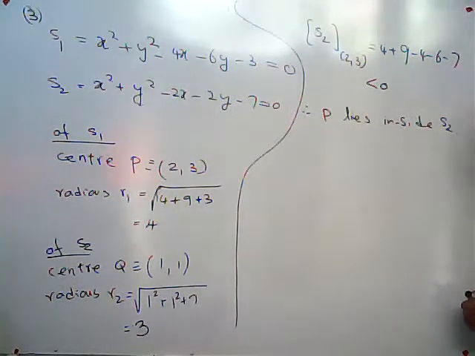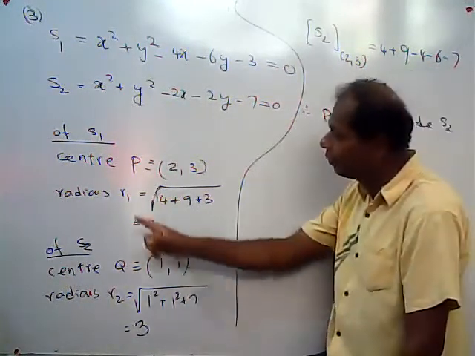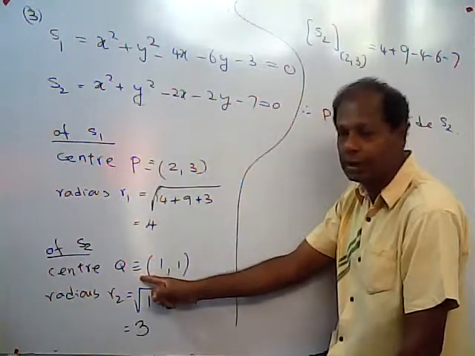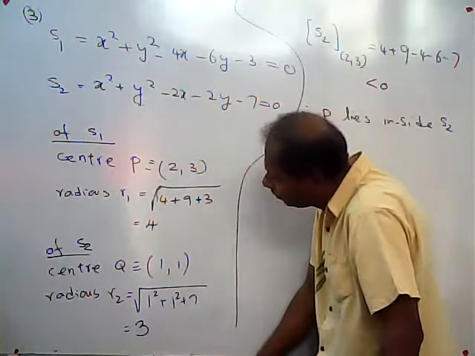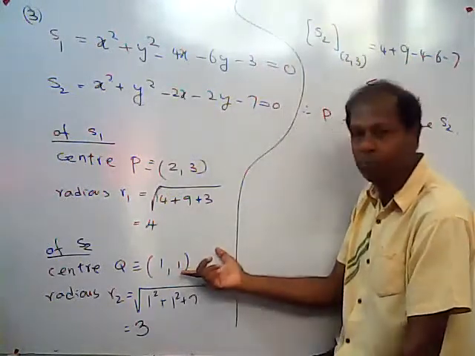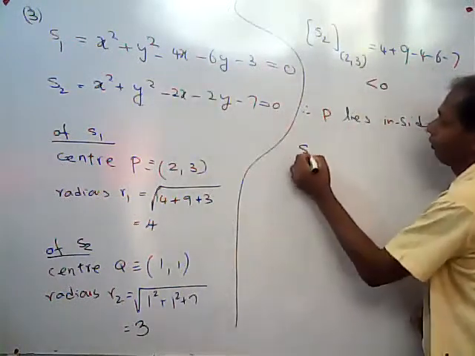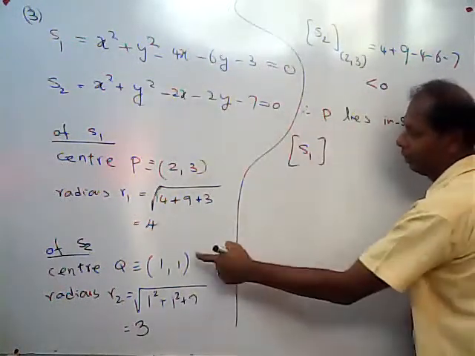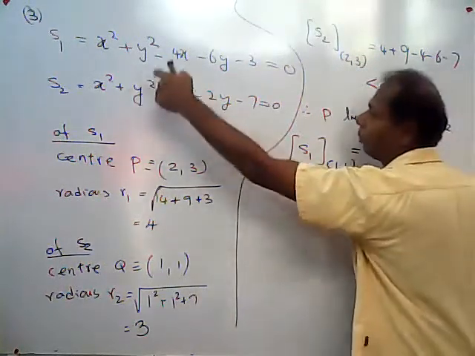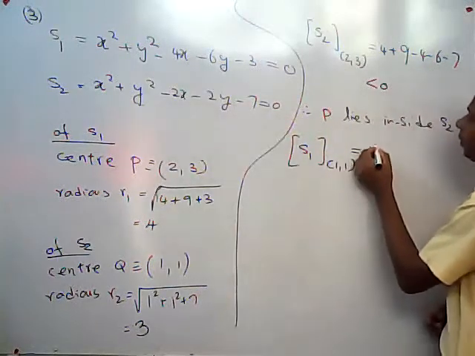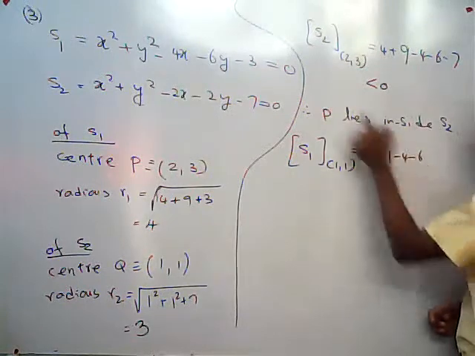Then similarly, we have to show that the center of S2, that is Q, is inside S1. The same way, we will apply this center in the equation of S1. In the equation of S1, let's apply the point (1, 1). That will give 1 squared plus 1 squared, minus 4, minus 6, and minus 3.